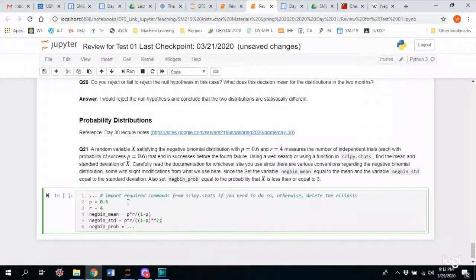And that's the variance, but now we want to take the square root of that in order to get the standard deviation. And then finally, we should try to compute the negative binomial probability.